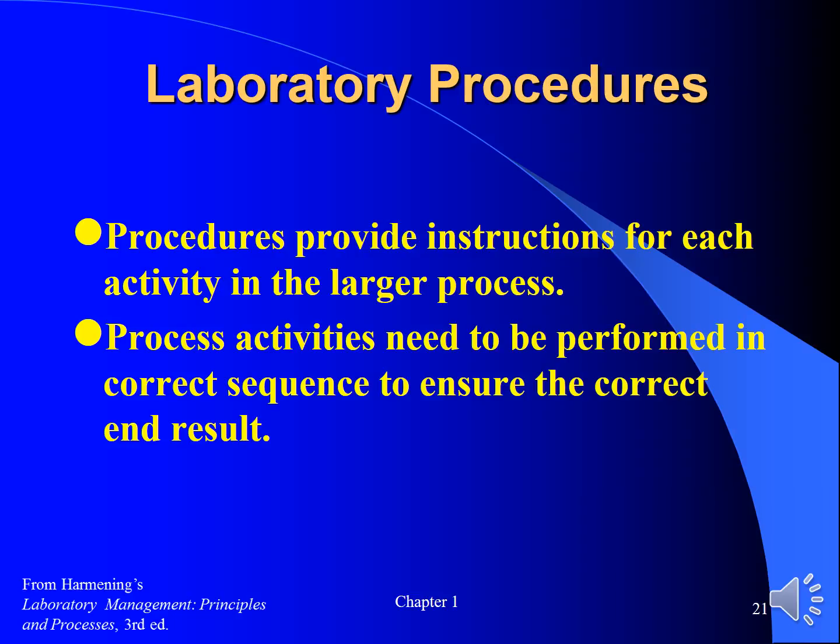The process activities need to be performed in the correct sequence to ensure the correct end result. For example, one is never to label the samples before identifying the patient.